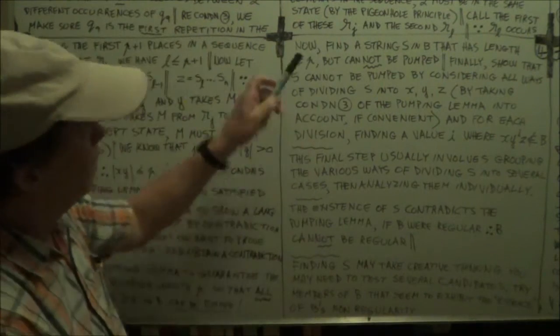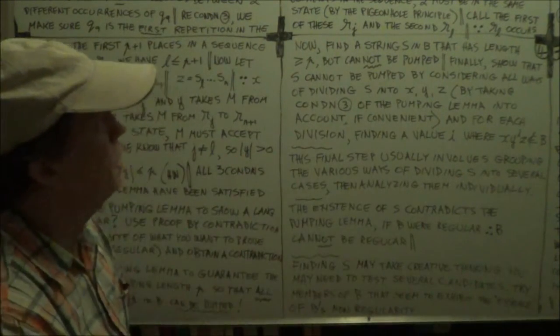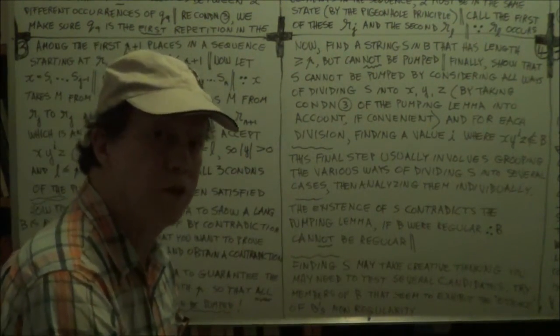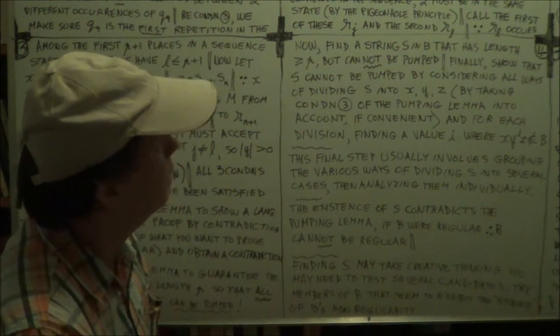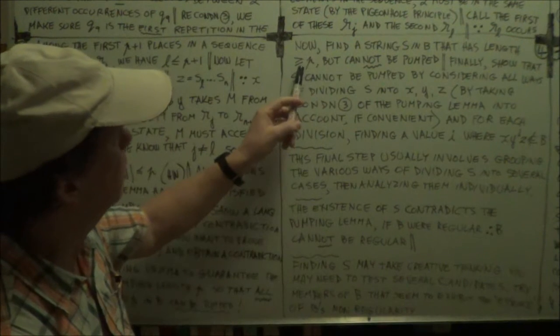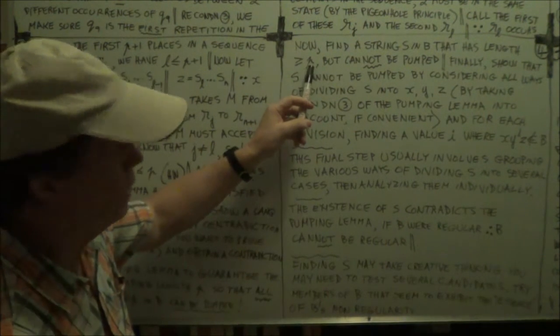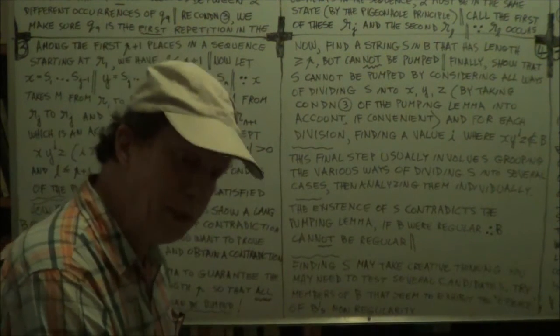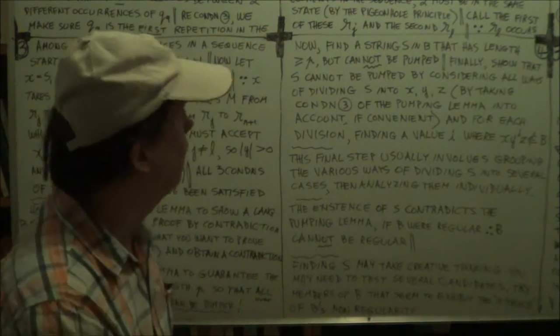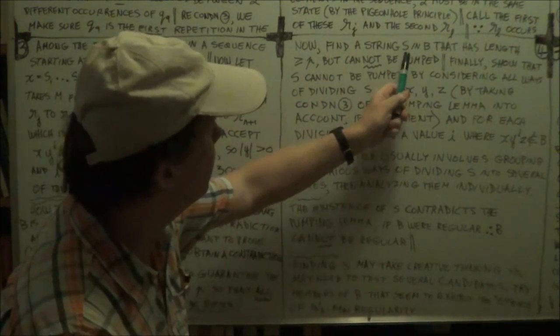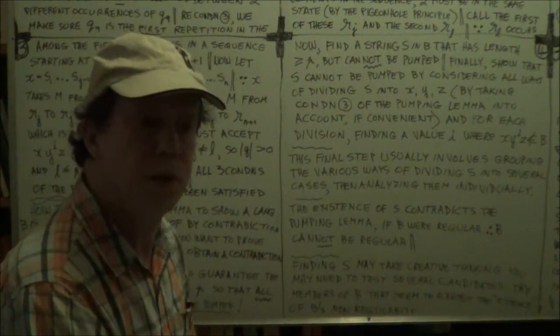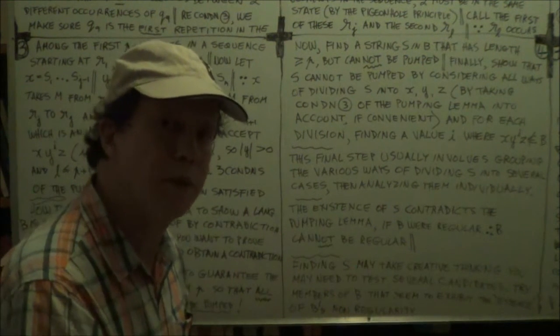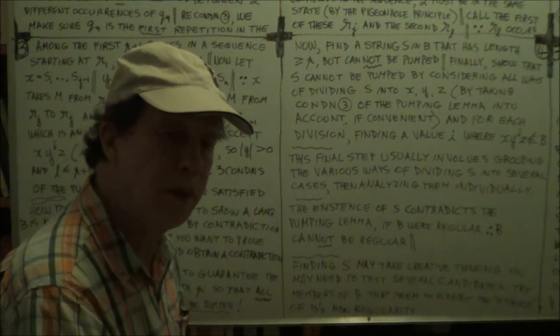Now, to obtain the contradiction, all you have to do is find a single string whose length is greater or equal to p, the pumping length, and if the language were regular, that string s would be pumpable, because that's what the pumping lemma says.